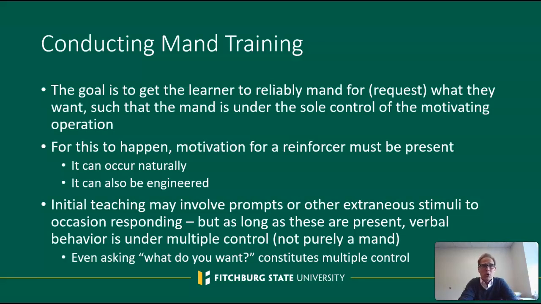They seem like they're looking to seek out drinks, and then we set the circumstances such that they request a drink or request water. But it can also be engineered if we want to have more learning opportunities, like, for example, by giving someone something that's salty to eat, which is likely going to increase the motivation for a drink.